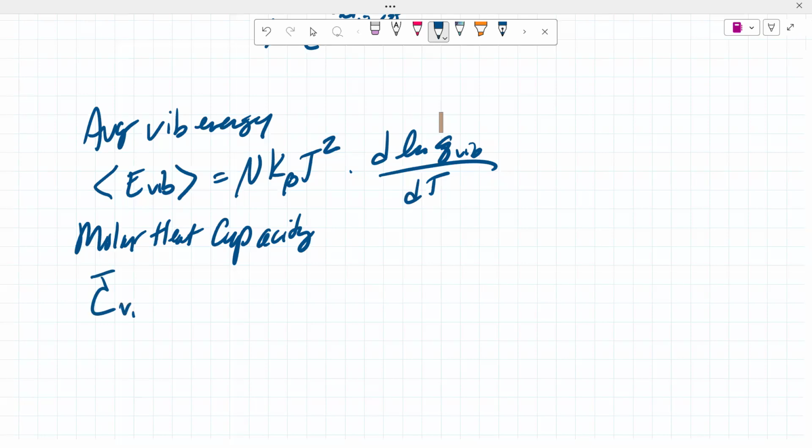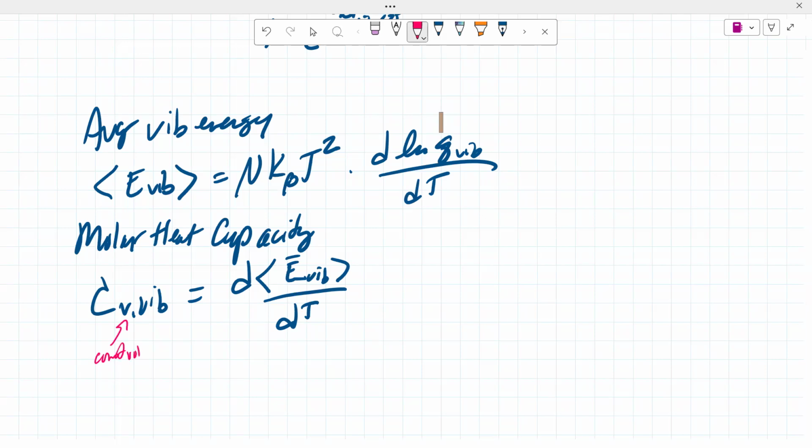This is at constant volume, and this means the vibrational contribution.